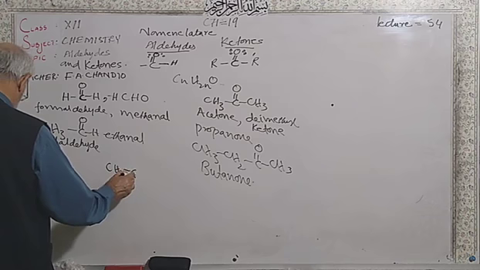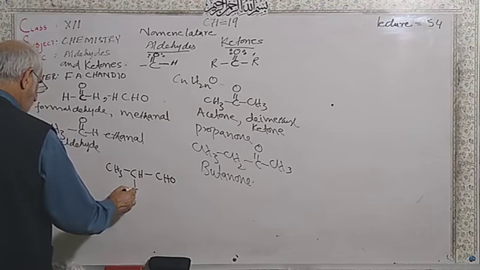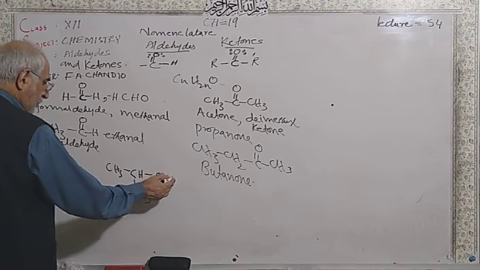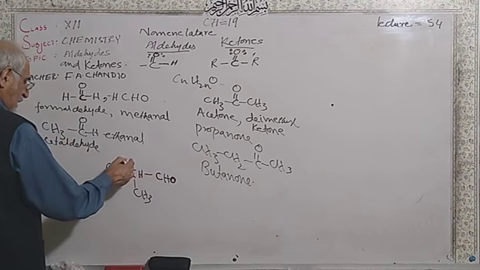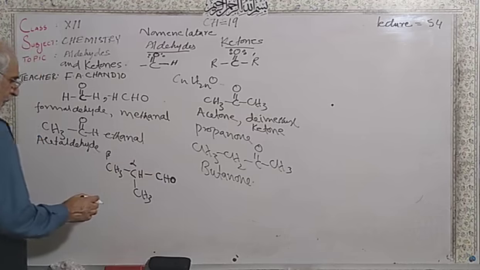Like this one, CH3, CH. This is a functional group. The next carbon after this functional group is called the alpha carbon, and then the beta carbon.